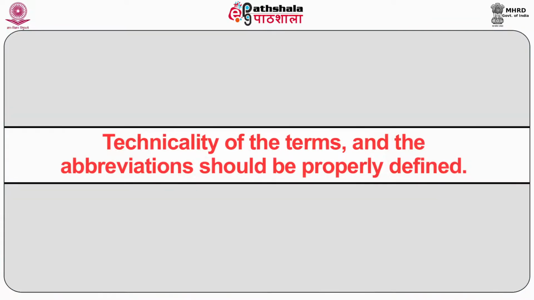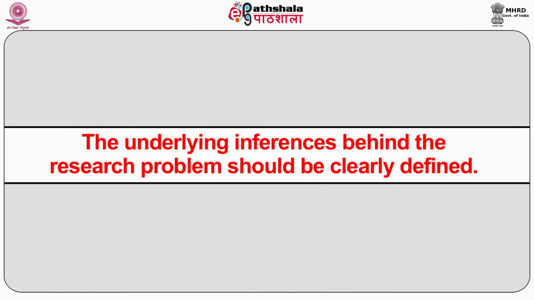The points which should be given due consideration during the execution of the research problem are: first, the technicality of the terms and the abbreviations should be properly defined. Secondly, the underlying inferences behind the research problem should be clearly defined.